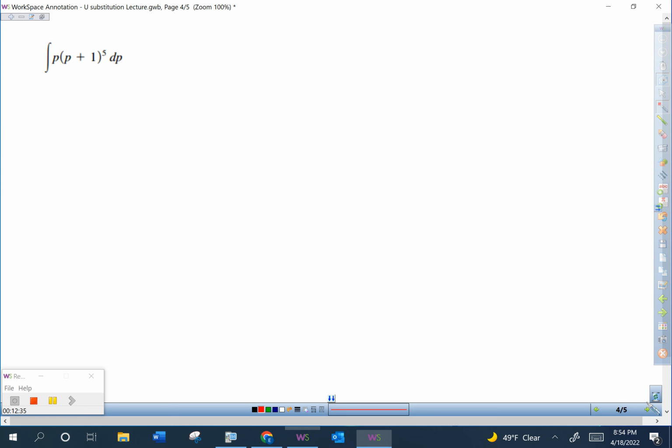Alright, next up is a little bit different. We still have the variable in two places, so it's still use substitution. I'm going to show you the problem as we try to do our normal substitution. Just like we have been doing, when we see something to a power, that expression is our u. So that's p plus 1.